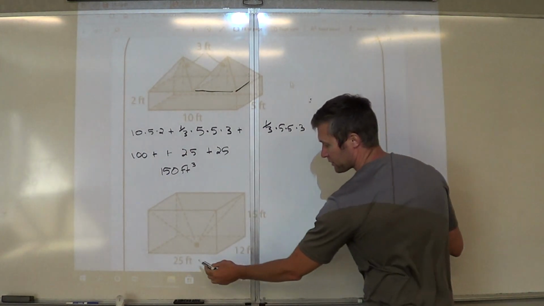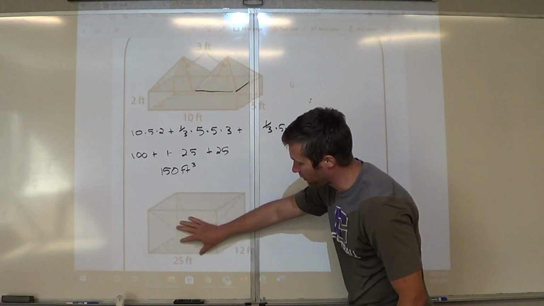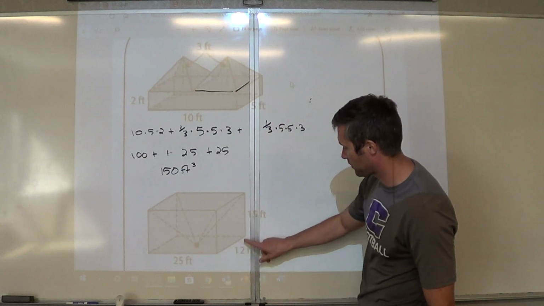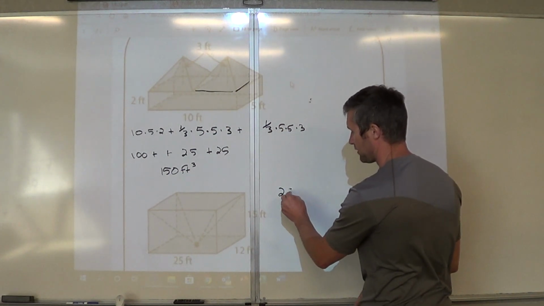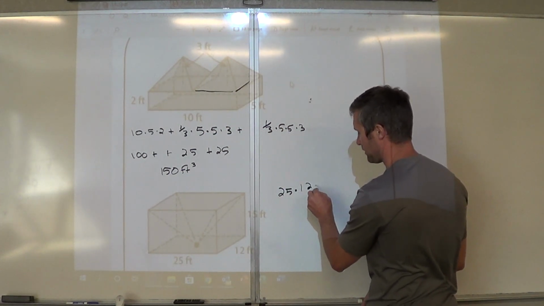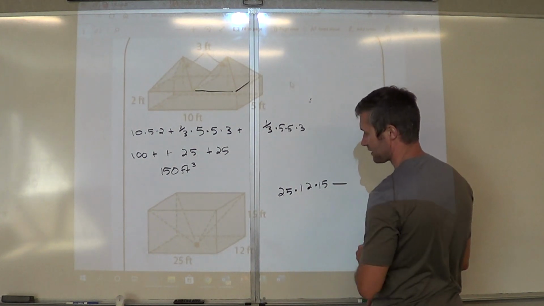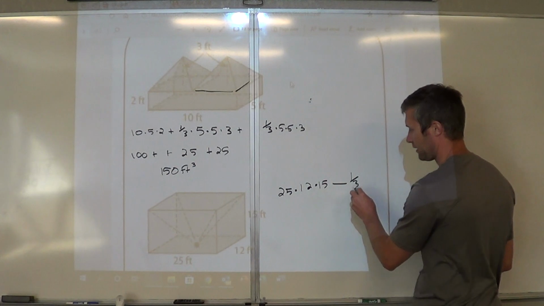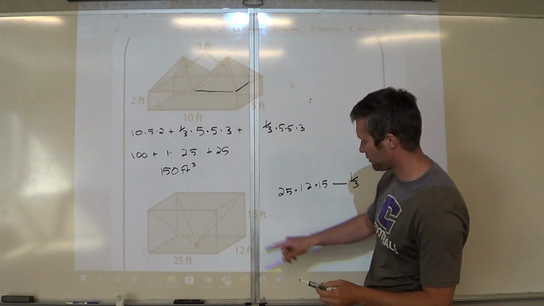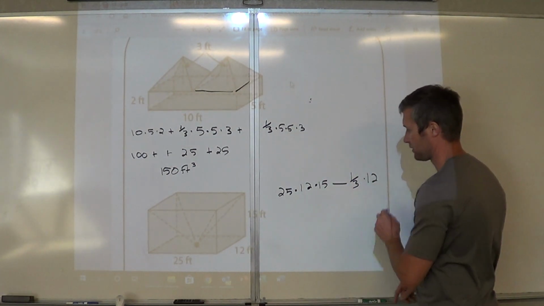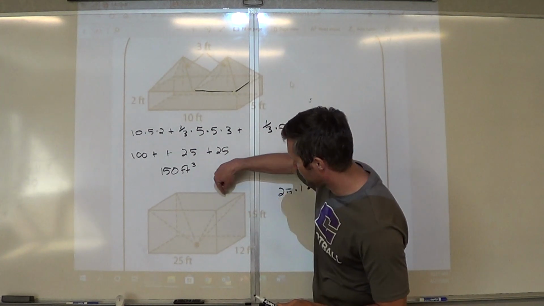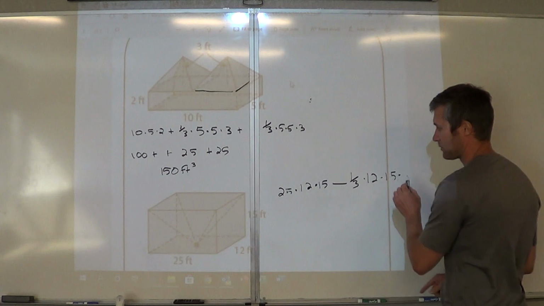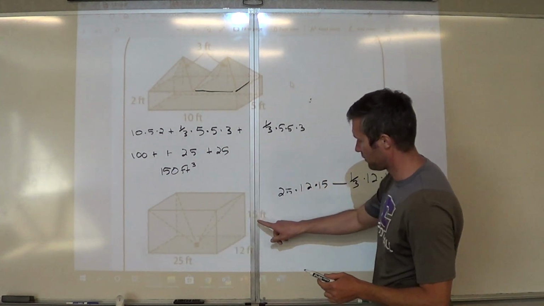So again, what we do is find the volume of our rectangular prism. So 25 times 12 times 15 minus the volume of the pyramid. So we go 1/3, and so we go length 12 times our width of 25 times our height straight down, which would be 15.